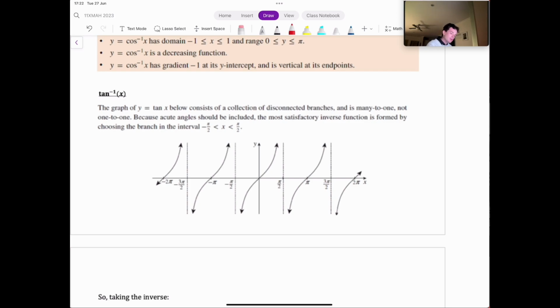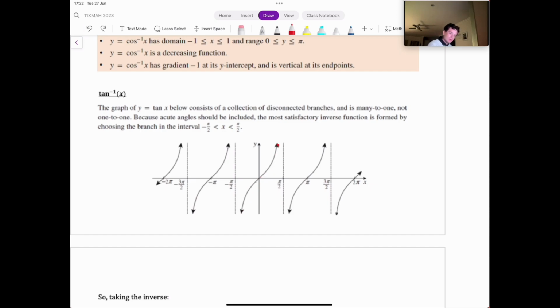So we're going to restrict the domain to be this, from minus pi on 2 to pi on 2. Yes, this does pass the horizontal line test, but it doesn't pass it over its entire domain. So you might think, why don't I make it this and this? Well, no, we don't like asymptotes, so we're going to restrict it to here.